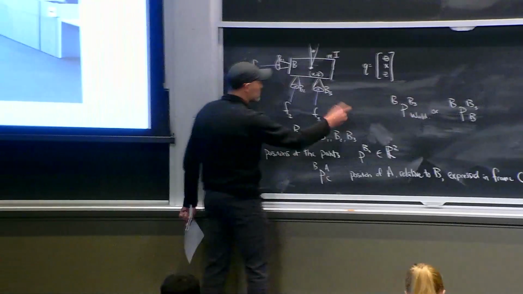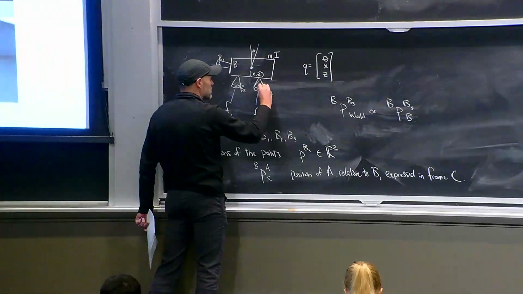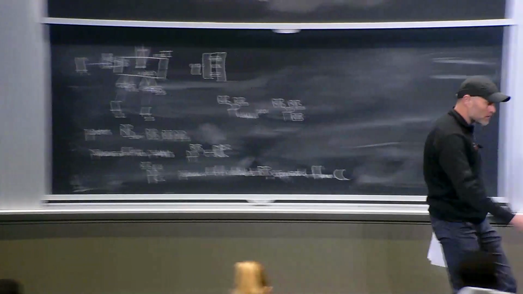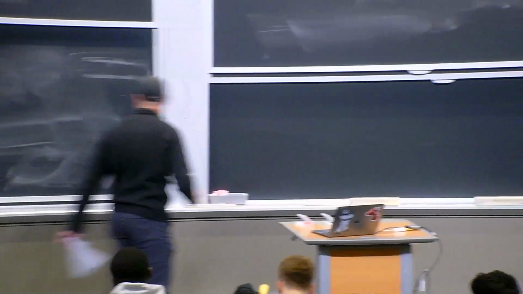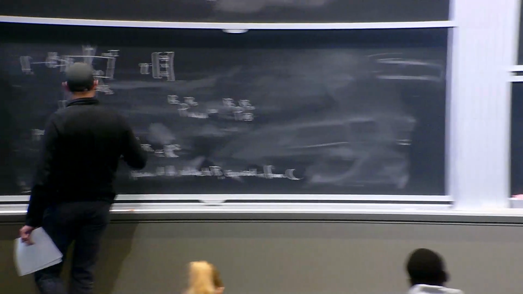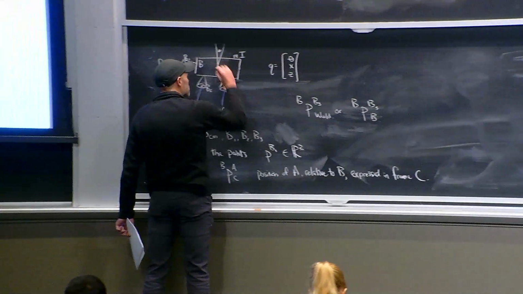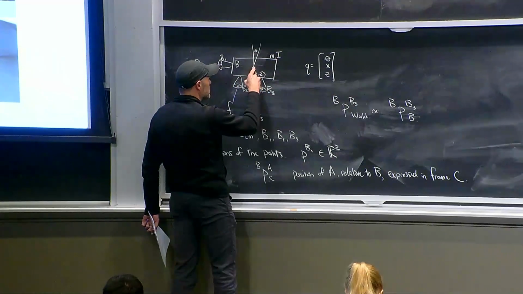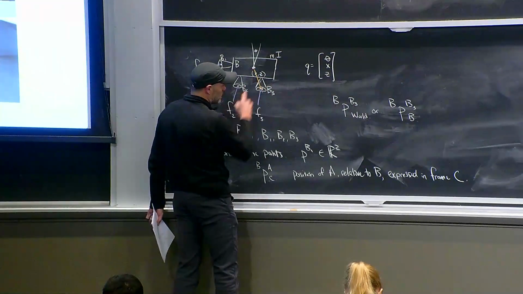And that vector, B3, is the position of B3 relative to the body origin here, okay?